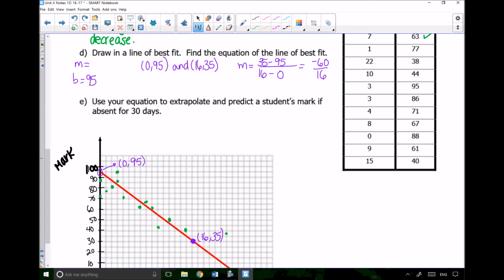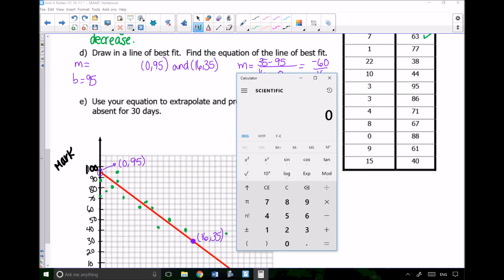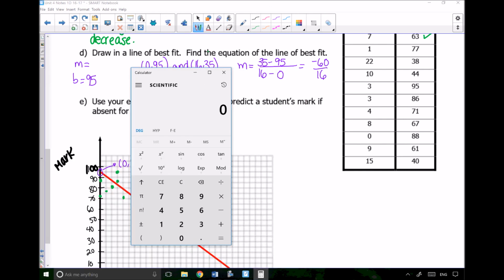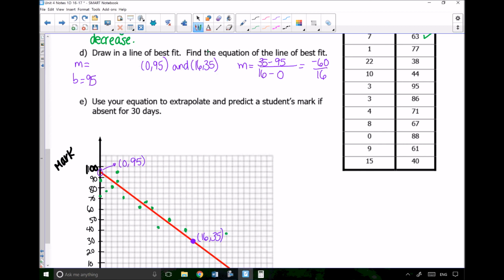And then I would use my calculator to determine what that value is. So if I divide negative 60 by 16, I end up getting negative 3.75. So I know that right here, my slope is negative 3.75.